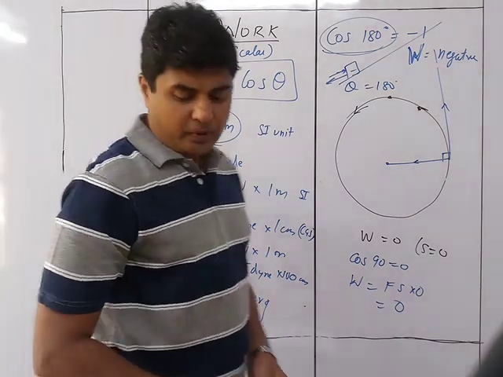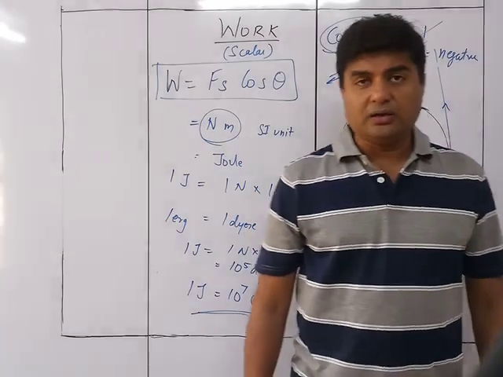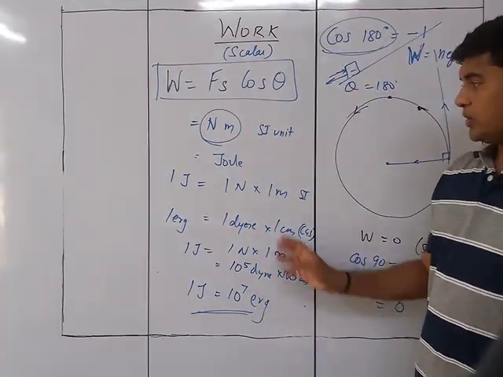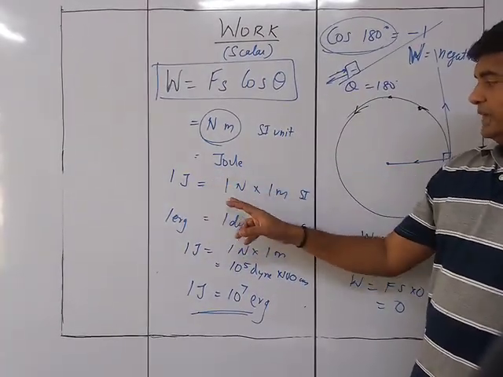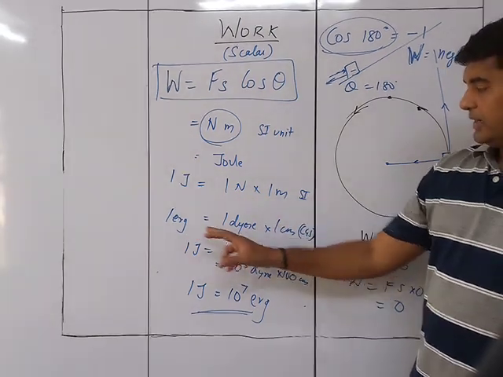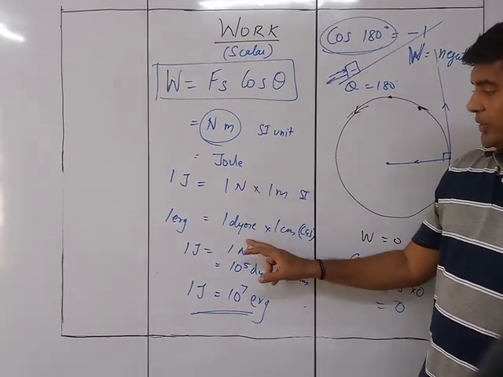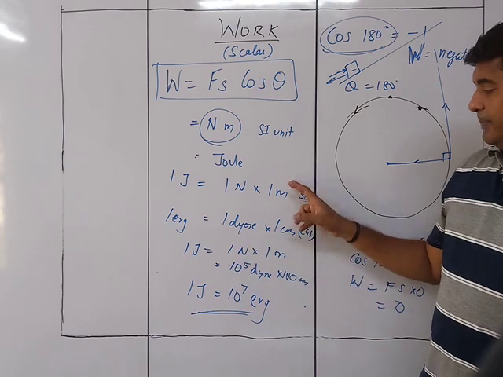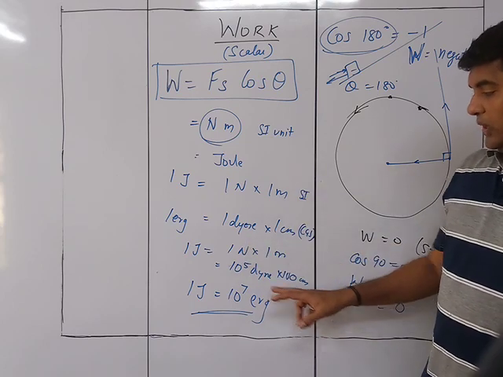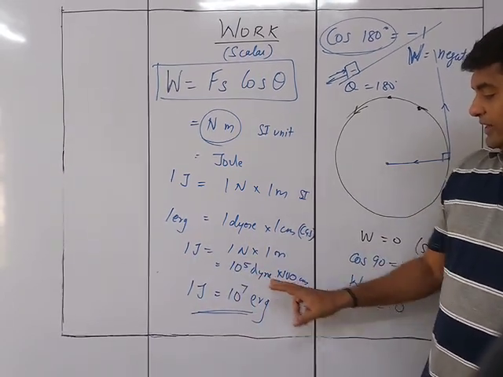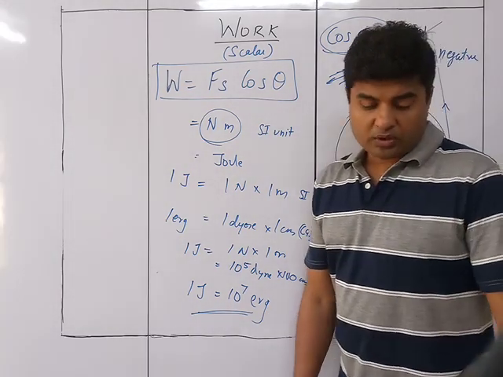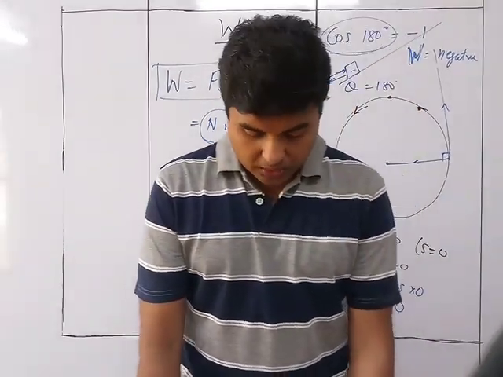That's the relationship between joule and erg. Joule is Newton meter, erg is dyne centimeter, Newton to dyne is 10 raised to 5, meter to centimeter is 10 raised to 2, therefore 1 joule is equal to 10 raised to 7 erg. That was the units of work.